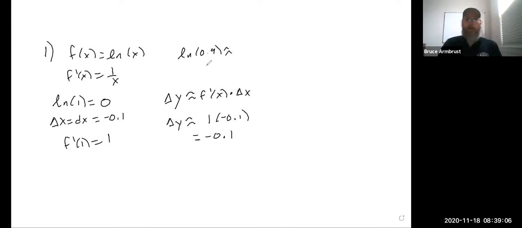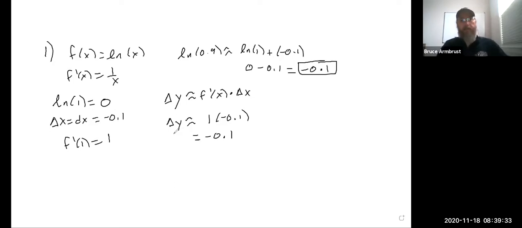So what we know then is that our natural log of 0.9 is negative 0.1 away from the natural log of 1. It's going to be the natural log of 1 plus negative 0.1, which is 0 minus 0.1, or negative 0.1. So the natural log of 0.9 is going to be around negative 0.1.